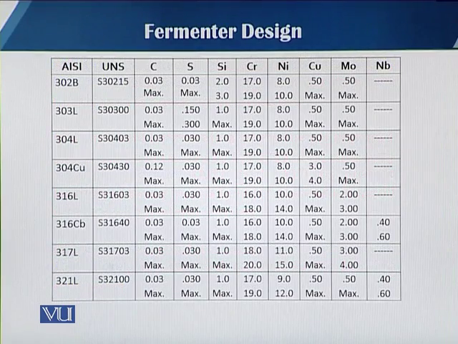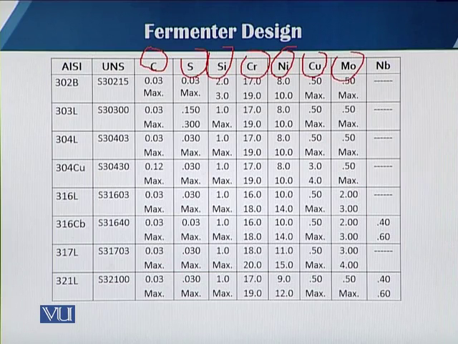So in this slide you can see the different compositions in the case of 302, 303, 304, 304 copper, 316L, 316CB and 317L, reporting the percentage of carbon, sulfur, silicon, chromium, nickel, copper, molybdenum and so on.